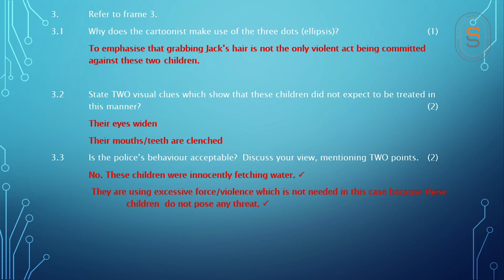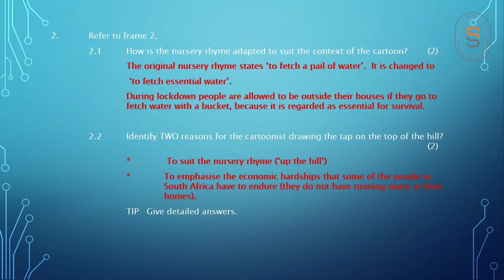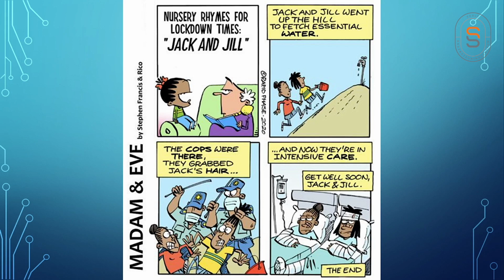And then state 2 visual clues. Now, visual is about the pictures, nothing to do with the words right now. To show that these children did not expect to be treated in this manner. Now, let's have a look at the visual clues in frame 3. First of all, look at their eyes. Their eyes are drawn very big, so their eyes are wide open because they're so scared.